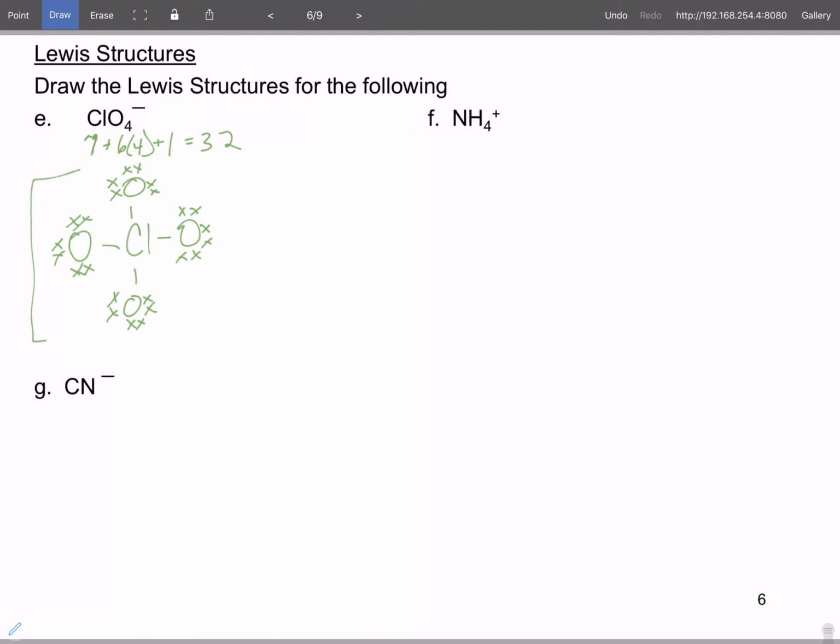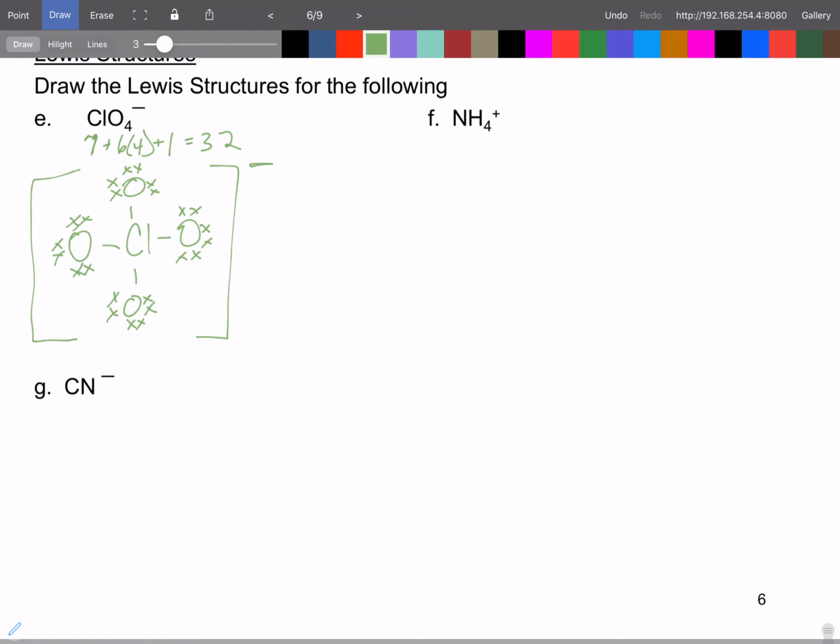But this is an ionic compound. So with ions, you put it in a bracket and you put a negative. Because somebody in there has an extra electron. Just not sure who. So later we'll look at who has the extra electron. But right now, when we don't know specifically, and we really don't care, we go ahead and put it in brackets and put the charge on it.